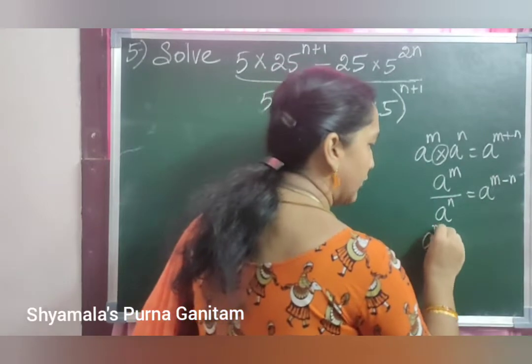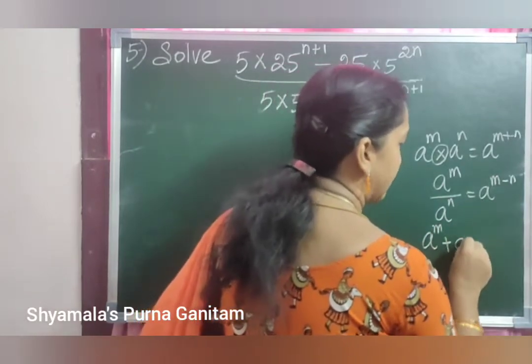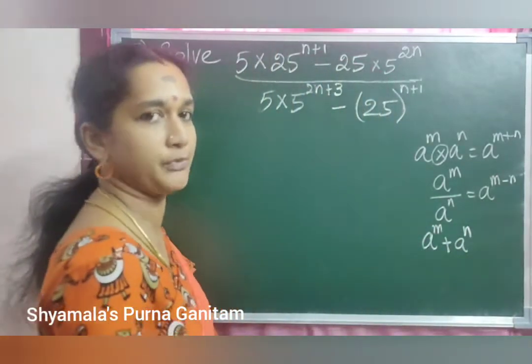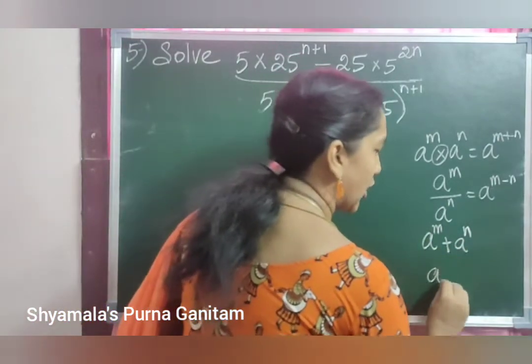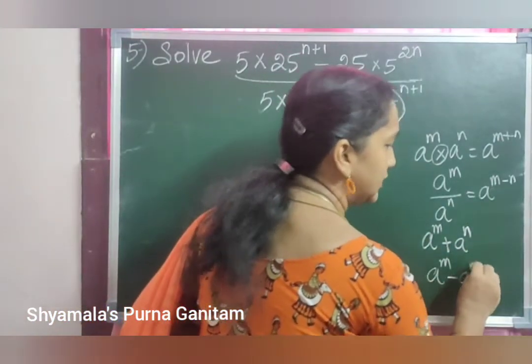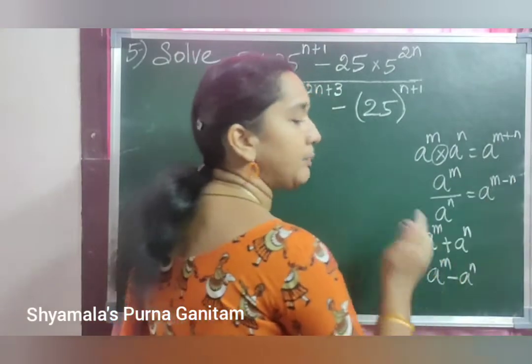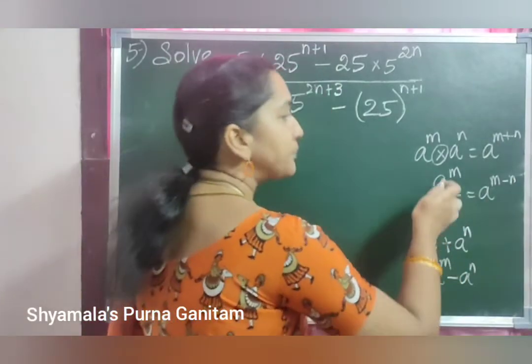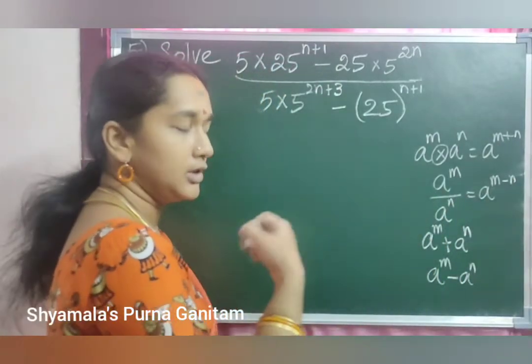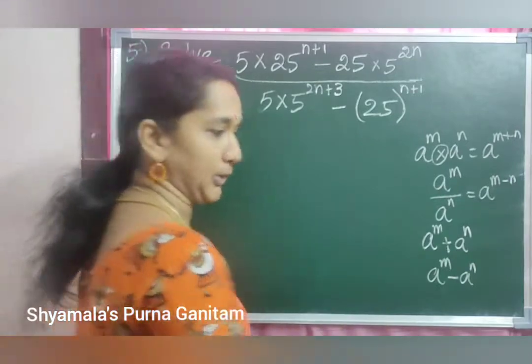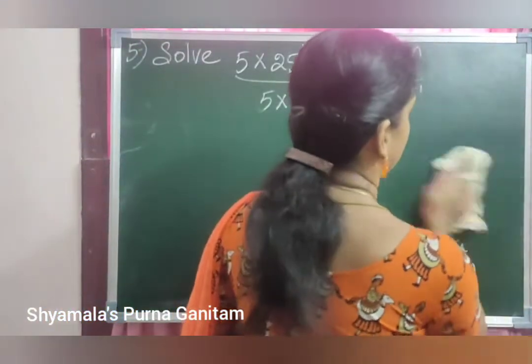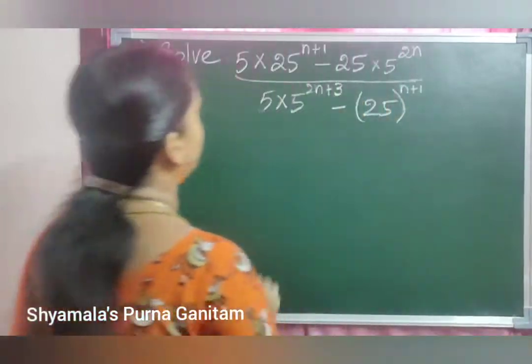But if we have a power m plus a power n, we don't have any law of exponents, either plus or minus. So it should not be confused. When it is product and division only, you can use the laws of exponents. Keeping these things in mind, we will do this sum.